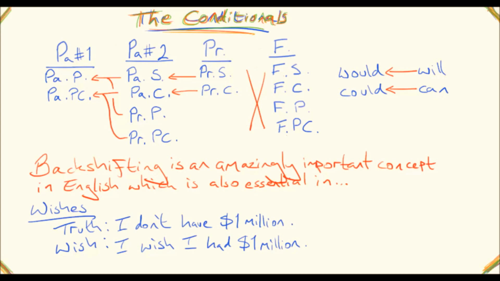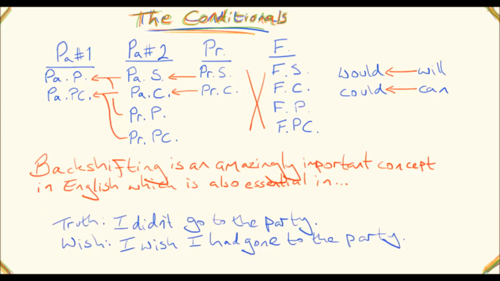Taking a look at another example of that, we've got the truth, I didn't go to the party. So that's past simple. And the wish, I wish I had gone to the party. So past simple has backshifted to past perfect in exactly the same way as the unreal conditionals.